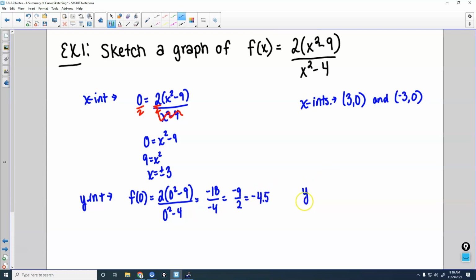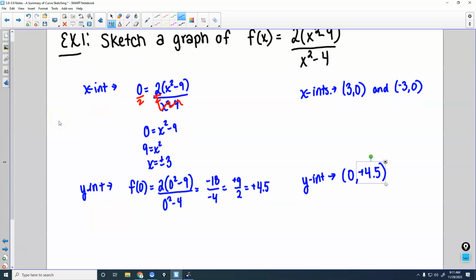So my y-intercept is going to be (0, 4.5). Oh, yes, thank you, positive 4.5. All right, so we got x-intercepts, we got y-intercepts. Those are specific points we know the graph is going to go through.